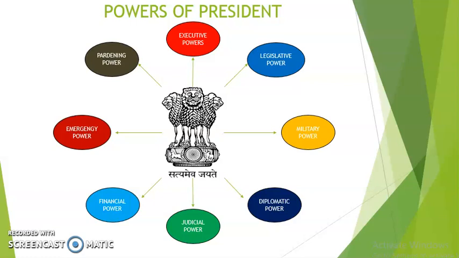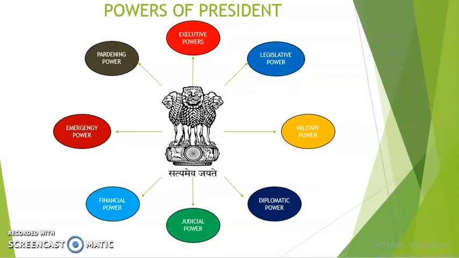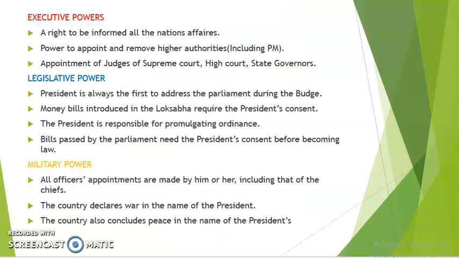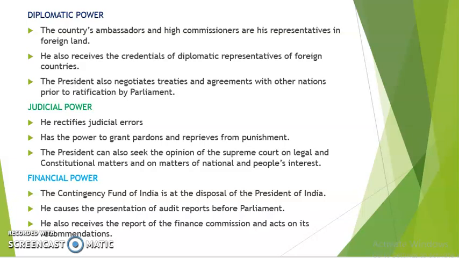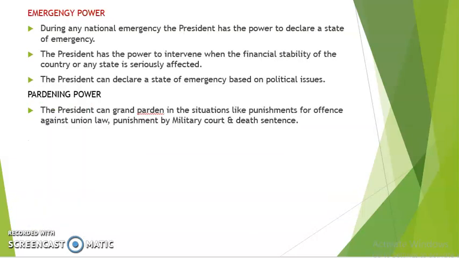So these are the major powers that the president has, which are listed in the below three slides. From this, we can say that the president plays a very vital role in the development of our country. And as a famous saying goes, presidents are selected, not elected.